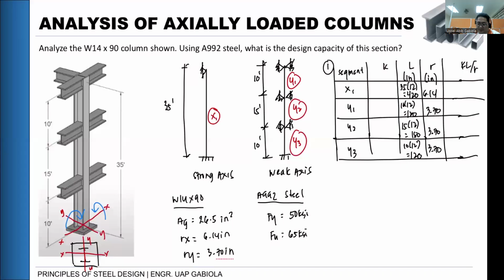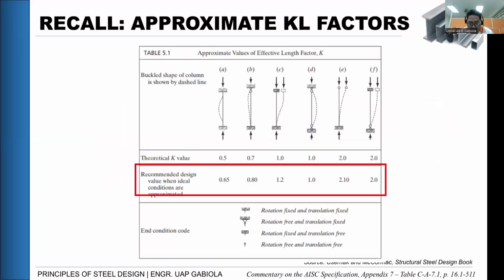Okay? Now, punta tayo sa K value. Again, K value is dependent on the type of support condition that we have dun sa column natin. So, for first segment, dun sa X natin, we have fix and pin or hinge, ano? So, looking at our table C dash A, so pin tsaka hinge.